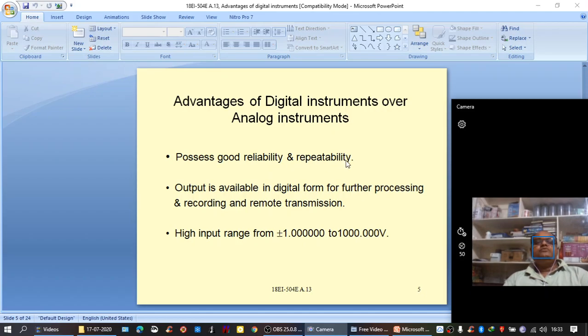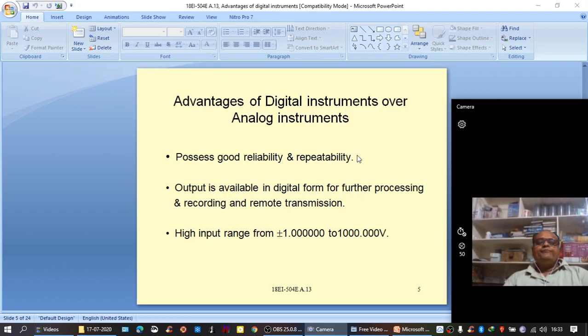And repeatability: use the digital instrument as many times as you want to measure the same variable, either voltage or current. If the value is not changed, even if you measure 100 times, it will give the same value. That is called repeatability.